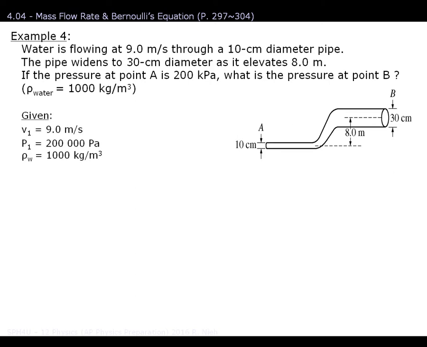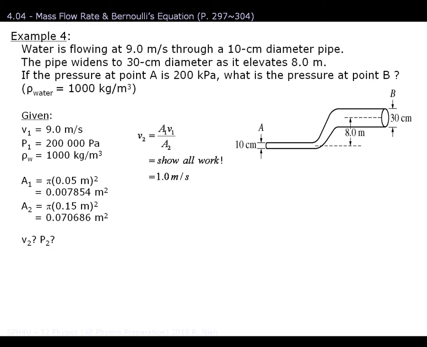One thing to keep in mind is that we have to figure out the cross-sectional area. And since the diameter is at 10 centimeters, that means the radius is at 5 centimeters. And since it's a circle, cross-sectional area of a circle is pi r squared. Using these givens, the next thing we got to figure out is how fast is the fluid flowing at point B. So we need to use the equation of continuity and figure that out.